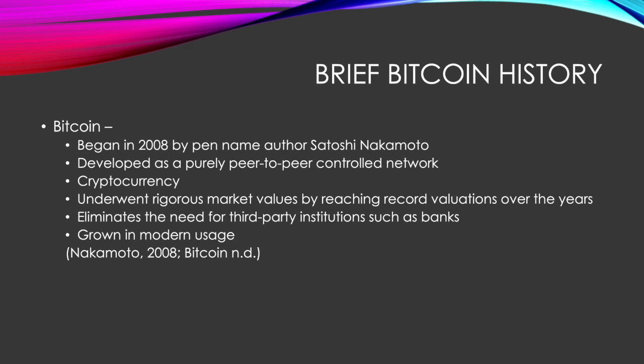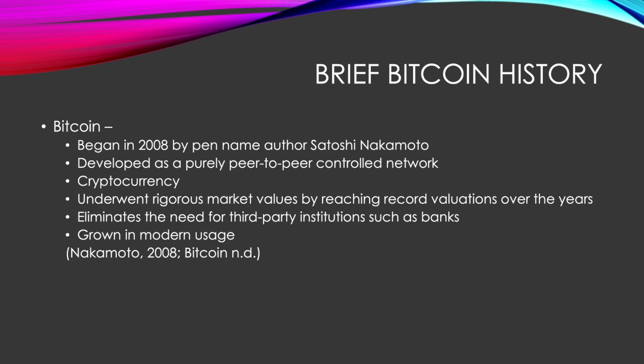Everyone knows Bitcoin, right? A brief Bitcoin history. Bitcoin began in 2008 by pen name author Satoshi Nakamoto. Developed as a purely peer-to-peer controlled network, the cryptocurrency underwent rigorous market values, reaching record valuations over the years.